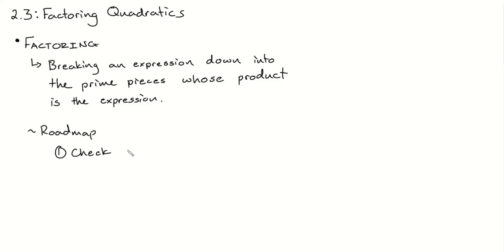Anybody recall what we're going to call that? The greatest common factor. If you don't want to write these 3 words, is there a convenient shorthand that every math teacher will use? GCF. Okay.